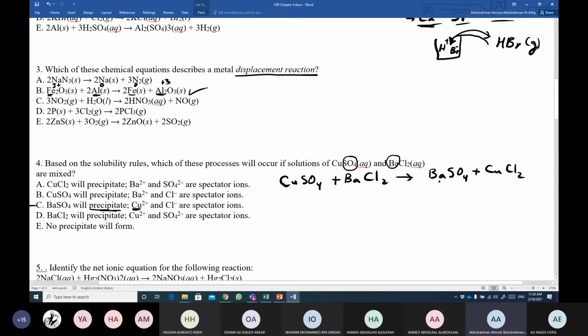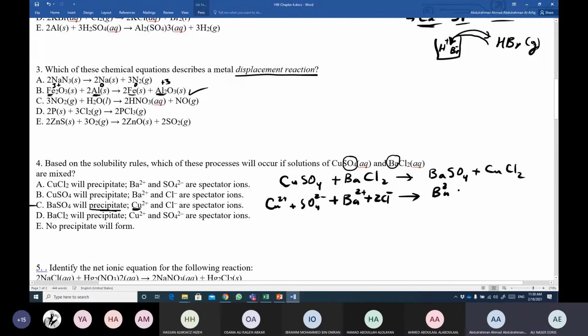Okay, can you make this now in ionic form? Yes, Cu2+ plus SO4 2- to give you, and plus Ba 2+ plus 2Cl- to give you what?